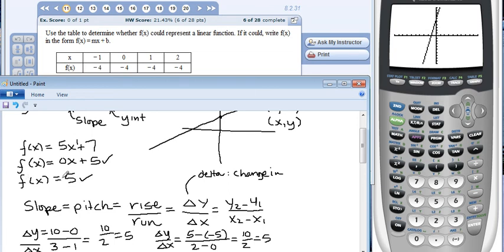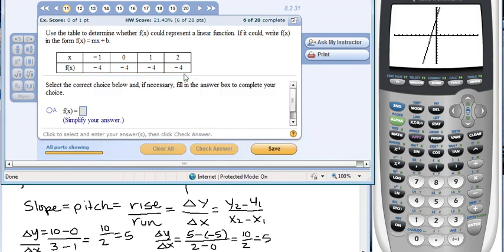All the y values were stuck at 5. Here they're stuck at -4. So this is a horizontal line running through -4, just like this one was. The x values can all change, but the y values cannot. So this is a constant function. It's a linear function. So this one's definitely linear.